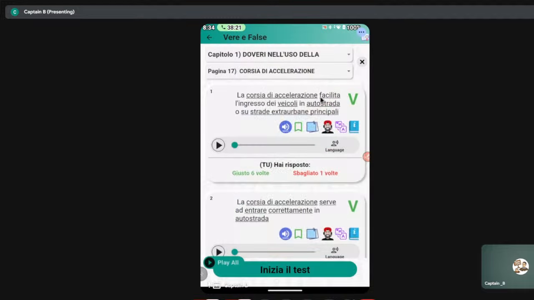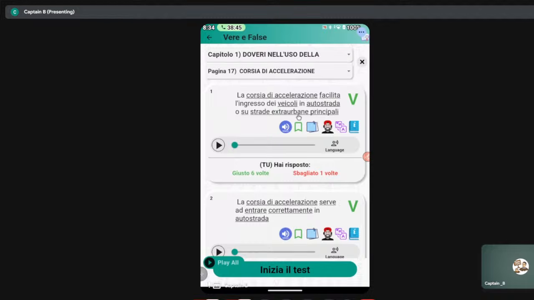Corsia di accelerazione. Facilita is the word here, make it easy to enter the vehicle nell'autostrada, to enter a vehicle in autostrada, or su strada extraurbana principale, or on a road of extraurbana, meaning a non-urban road.